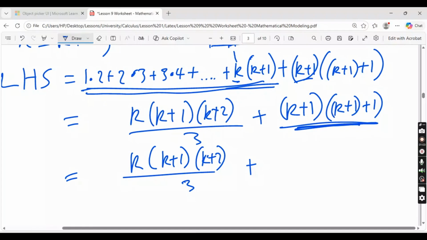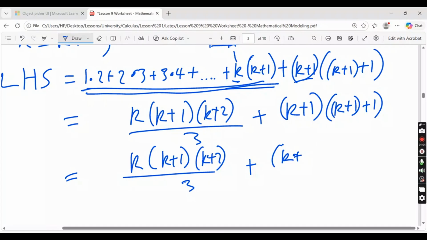That is 3k squared plus 2k plus k plus 2. This one, yes. Oh, it's before we add this. My bad. k plus 1, k plus 1 is k squared plus 2k plus, oh, k plus 2.